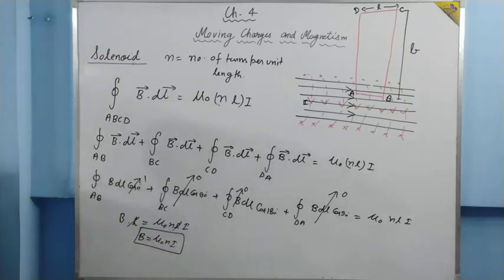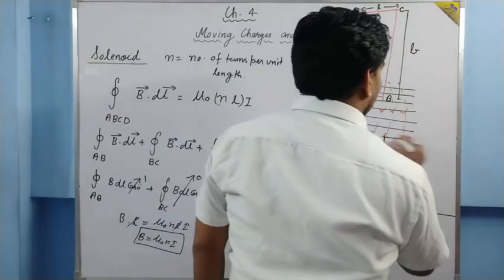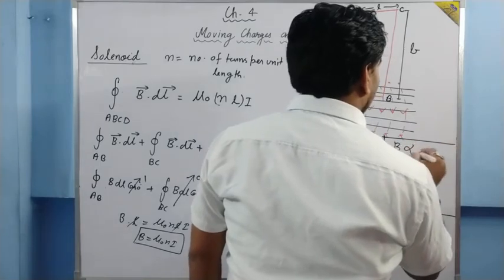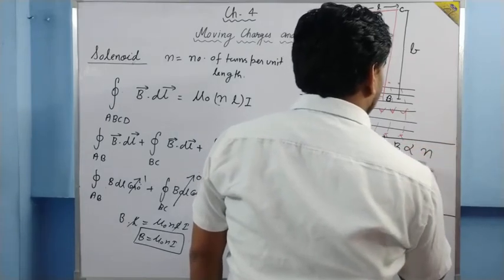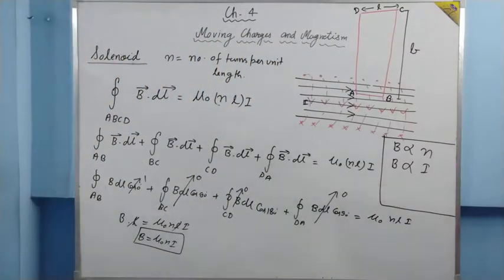So this is the magnetic field due to a solenoid inside it, and we assume the magnetic field inside is constant. Clearly from this formula we can see that B is proportional to n, the number of turns per unit length, and B is proportional to I, the current flowing through the solenoid.